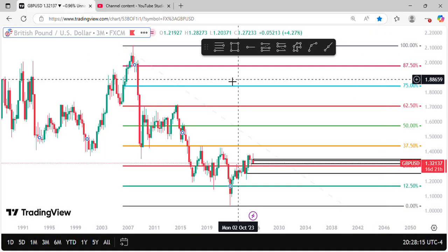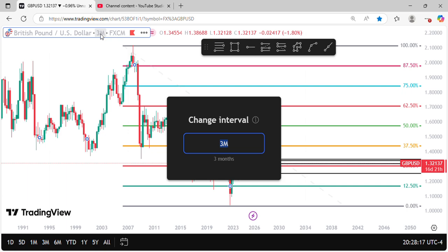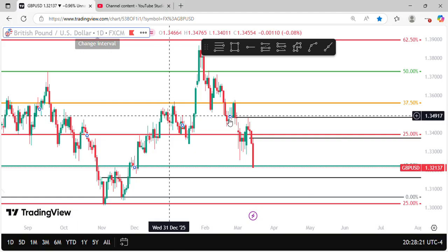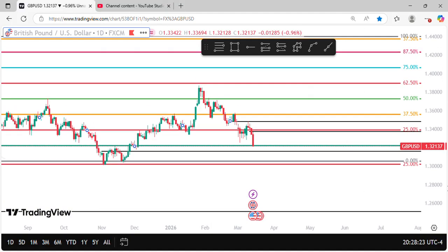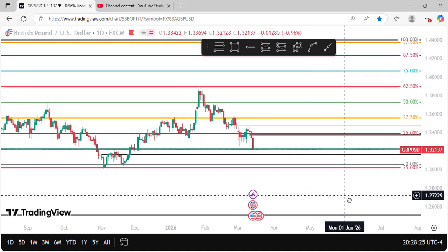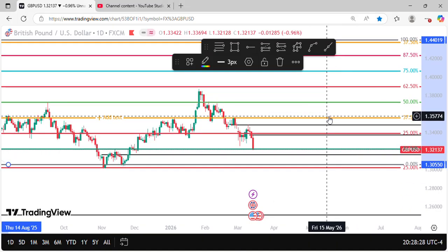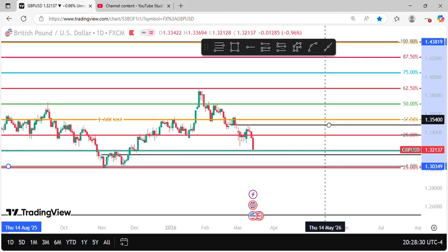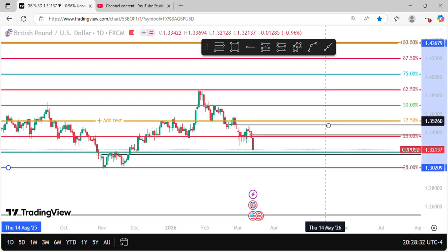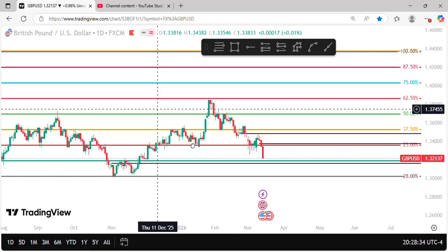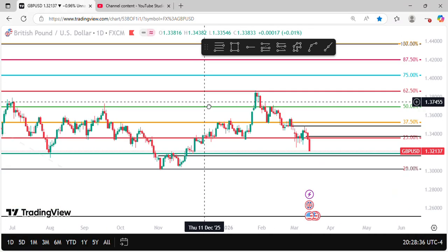Let's move into the daily chart. Good. And so inside of the daily chart, what I have done is simple. I have divided the various levels.